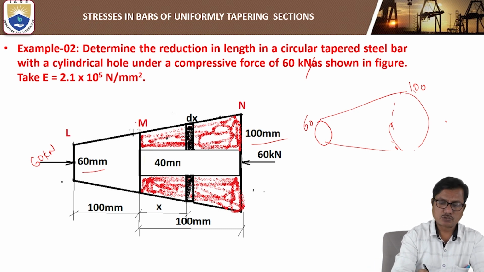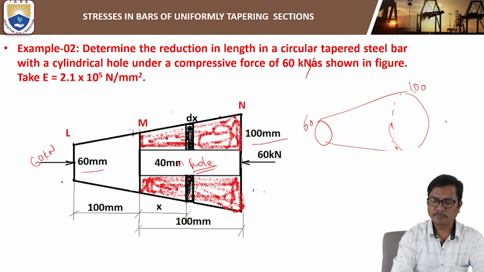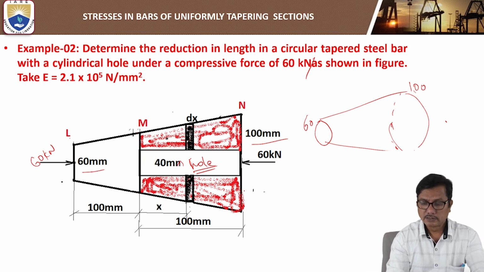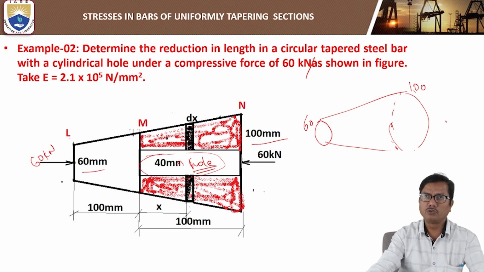So here it has two portions, LM and MN. In this portion MN, there is a cylindrical hole of 40 mm diameter, centrally placed. Is this clear? This is a centrally bored hole.